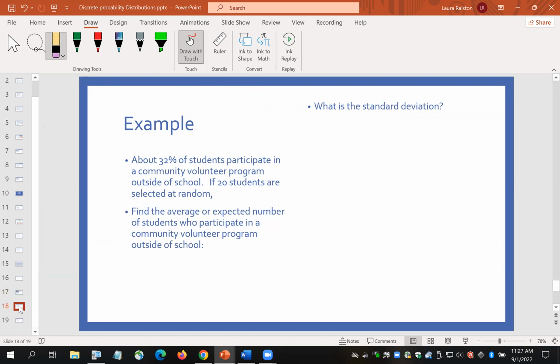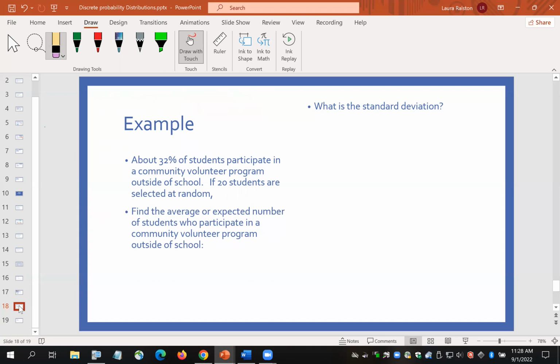Another type of question you could encounter is you could be asked to determine the average or the expected number of values, and then also the standard deviation for that binomial distribution.